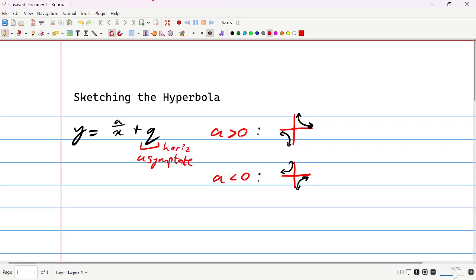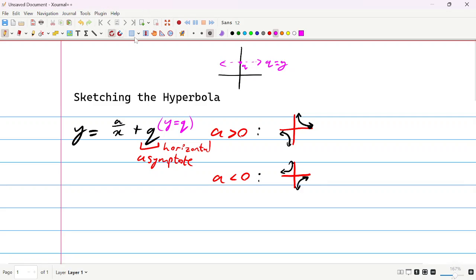The reason it's horizontal is because the equation of the asymptote is in the form of y is equal to q. Right? And we know that on a function, when we have y is equal to something, it would be at a point at y, and it will be horizontal. And that is the asymptote. We suppose that this value is q, such that y is equal to q. Okay, so that's something to catch you out there. This is the asymptote, which the function can never intersect with.